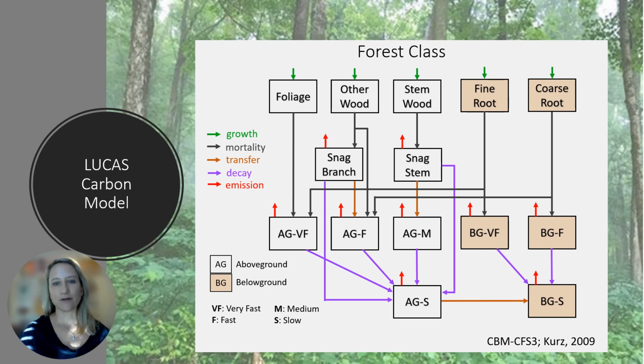And so for all of the updates to the carbon budget model for all of the new wetland cover classes that I was talking about, we start with this carbon model and then adjust it by either removing or adding stocks and fluxes.